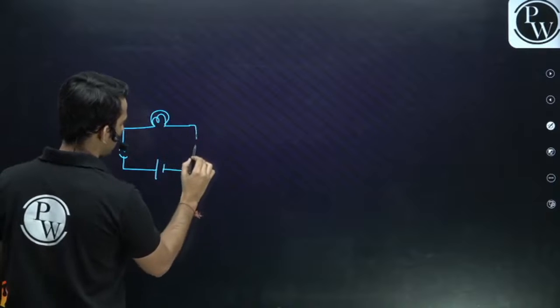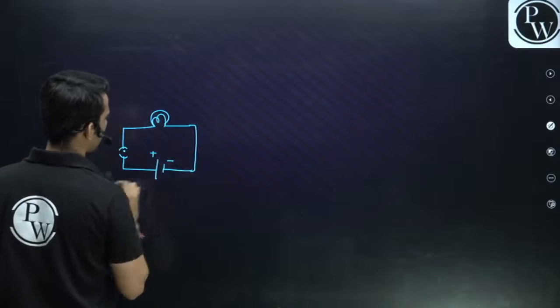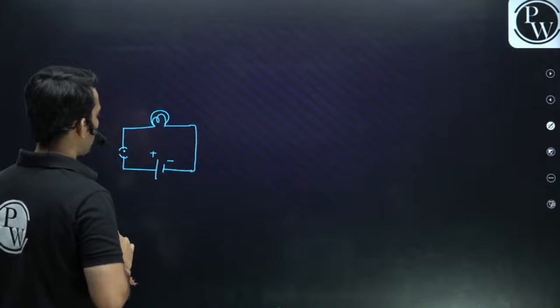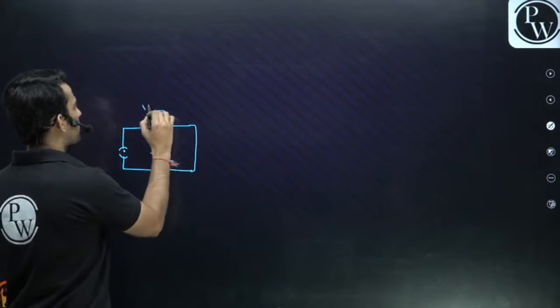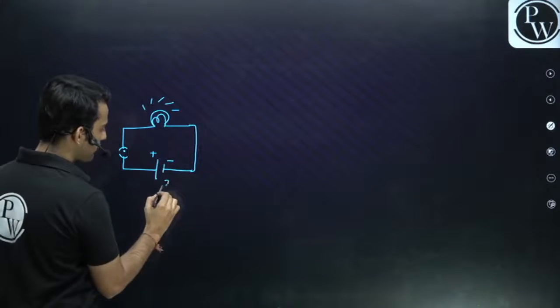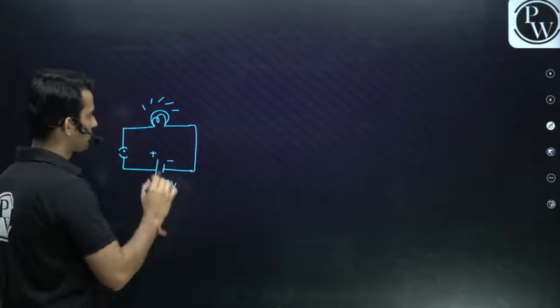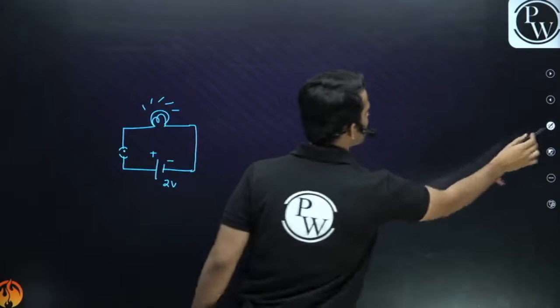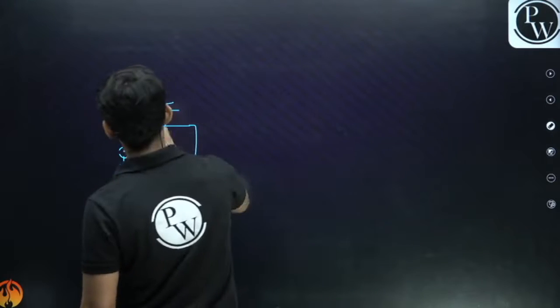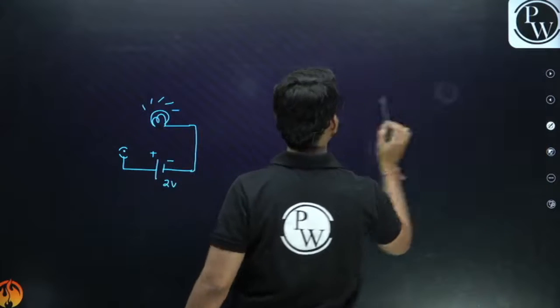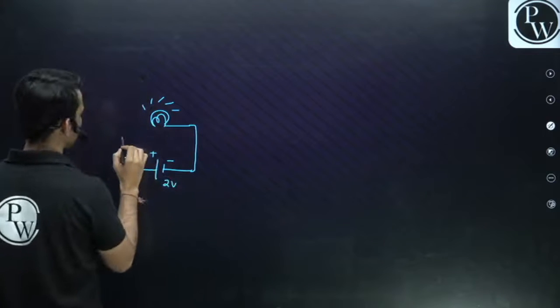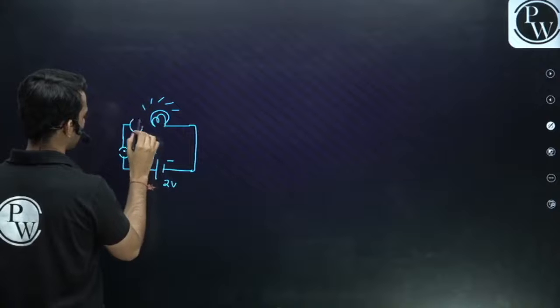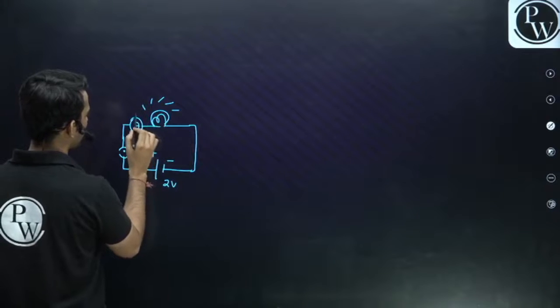This is the bulb, and let's say the voltage across the battery is 2 volt. Let's also say we have an ammeter here, which can measure the current.